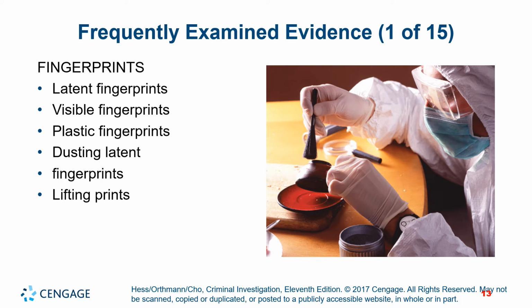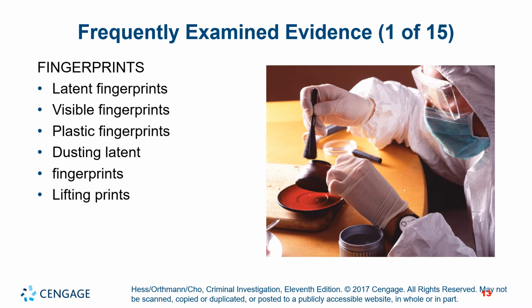These are not readily seen but can be developed through powders or chemicals. You use a dark powder on a light colored surface and a light powder on a dark colored surface to raise the latent print. Latent prints are normally left behind on non-porous surfaces like granite countertops or glass, for example.